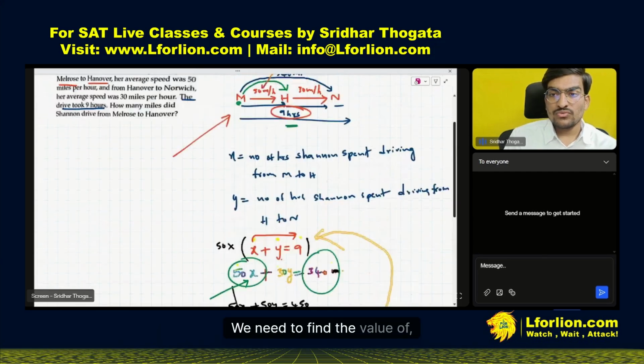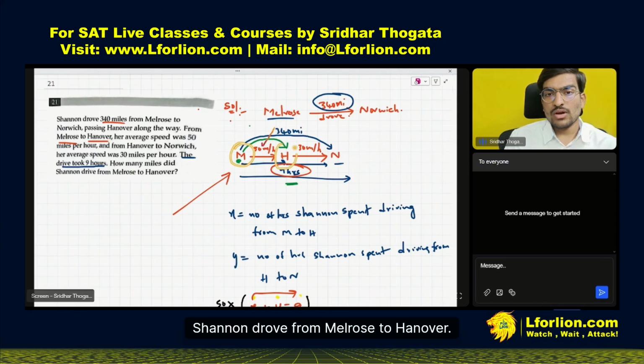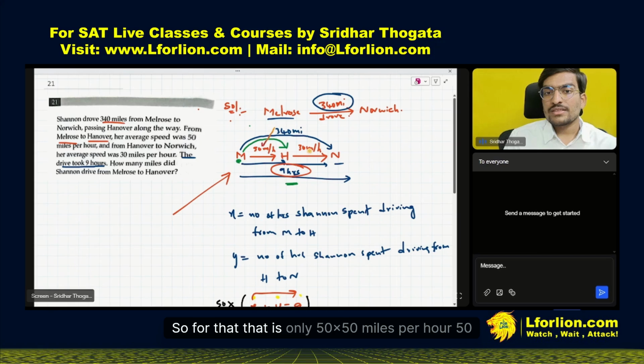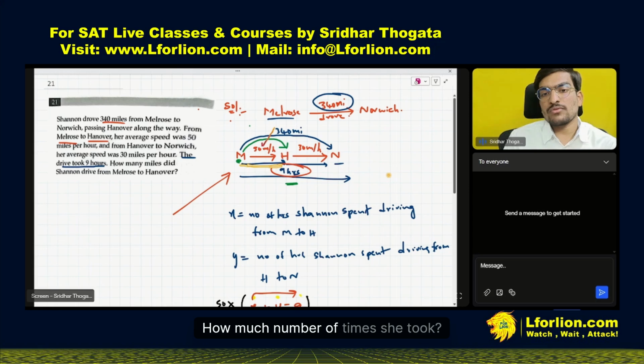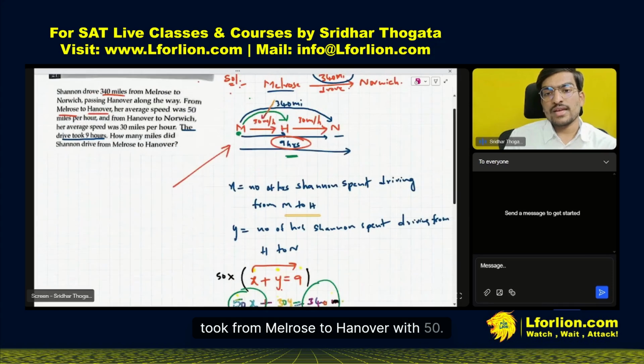We need to find the miles Shannon drove from Melrose to Hanover. That is only 50x, at 50 miles per hour. We don't know how much time she took for that journey, so we multiply the time she took from Melrose to Hanover by 50.